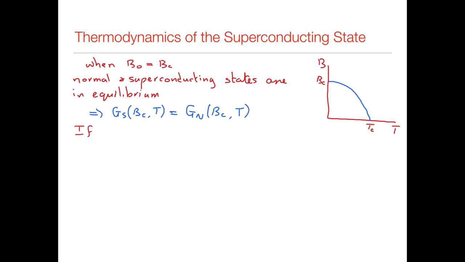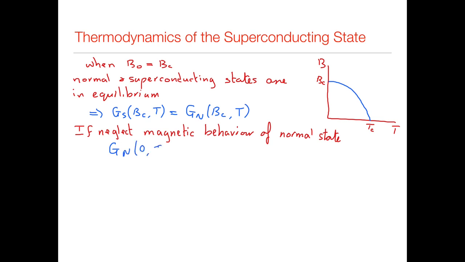So if we neglect the magnetic behavior of the normal state, okay, if we do that, then Gn0 is equal to Gn BC. So in other words, the Gibbs energy of the normal state is not varying as we change the field.